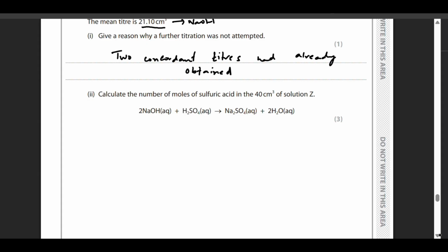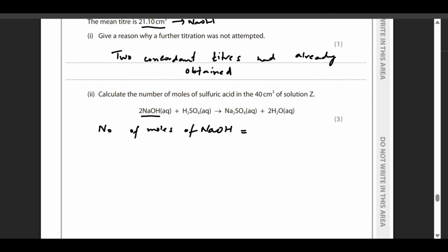For that, first you need to find the number of moles of sodium hydroxide because the concentration and volume of sodium hydroxide is given. So we will calculate the number of moles of sodium hydroxide.